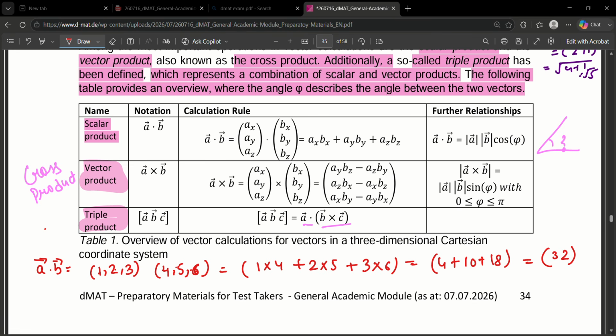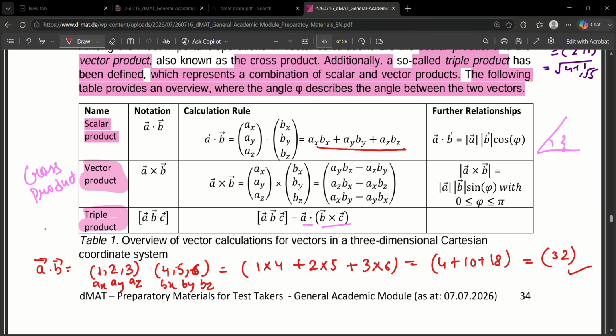What they are talking about here, ax, ay, az, these complicated things, basically this is ax, ay, az, and this is bx, by, bz, in simple language, and you can do this sum in your mind very easily. If they ask for the scalar product, you just multiply in your mind 4 plus 10 plus 18, which is 32.